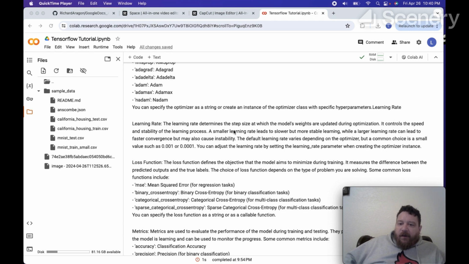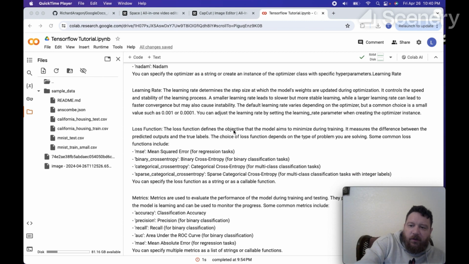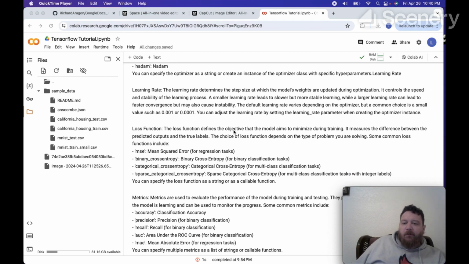The default learning rate varies depending on the optimizer, but a common choice is a small value such as 0.001 or 0.0001, and you can adjust the learning rate by setting the learning rate parameter when creating the optimizer instance. A faster learning rate means that you can train the model faster. A slower learning rate means that it takes longer. With a faster learning rate you could also run into further complications. You can play around with that, and these are all levers that you can push and pull, right?